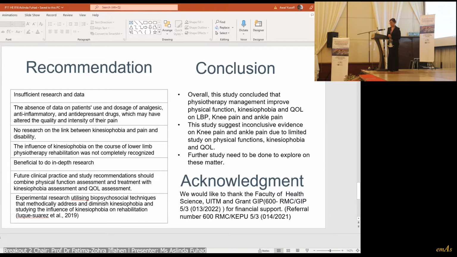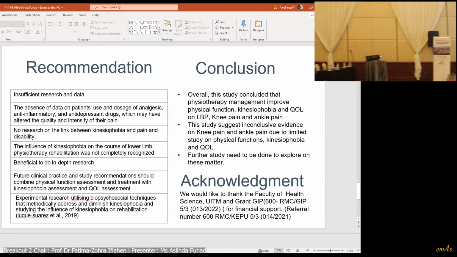Yes, it was proven, but mainly on the lower back problem. Generally, globally, it's more on the lower back. So it's proven that when you have lower back pain, in elderly especially, you will develop kinesiophobia compared to other regions. All right, very interesting. Thank you very much.